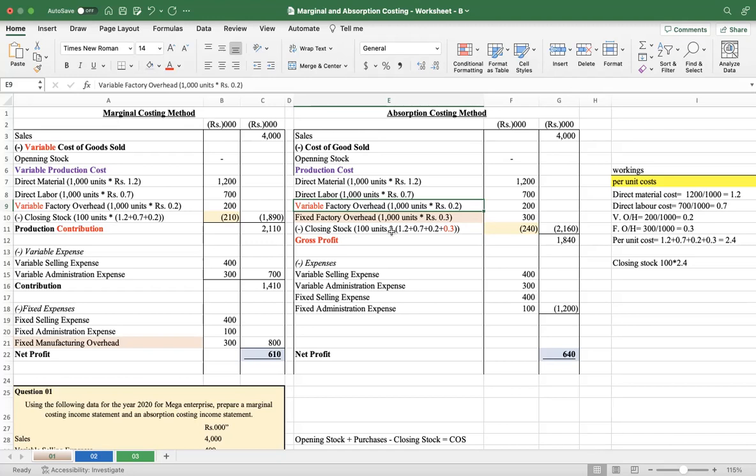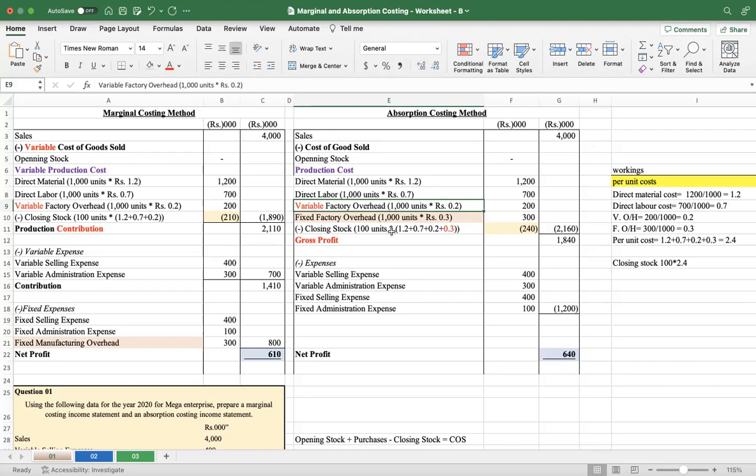In marginal costing method, we consider only variable costs in the computation of cost of goods sold, while absorption costing method considers all the variable and fixed factory overheads. And in the computation of the closing stock also, absorption costing method will use fixed and variable overheads when calculating the per unit value.